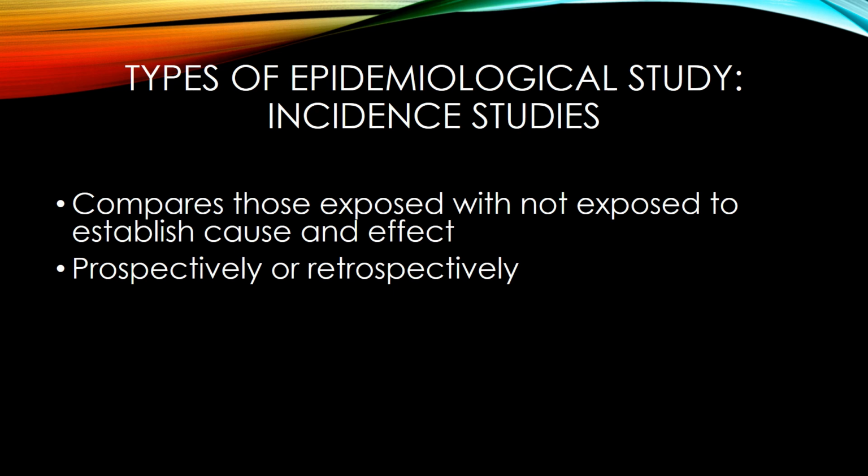This is how conclusions can be made by comparing those who have been exposed to those who have not been exposed to the thing that you are trying to study.